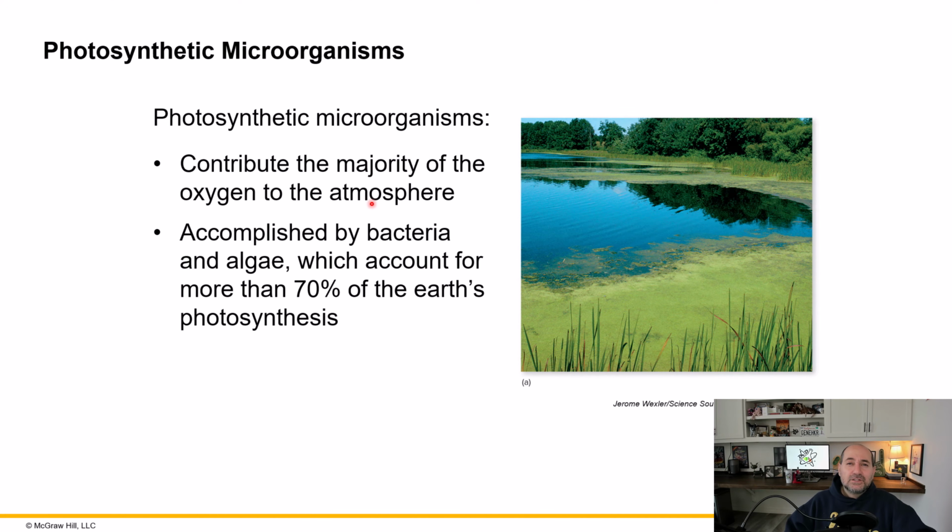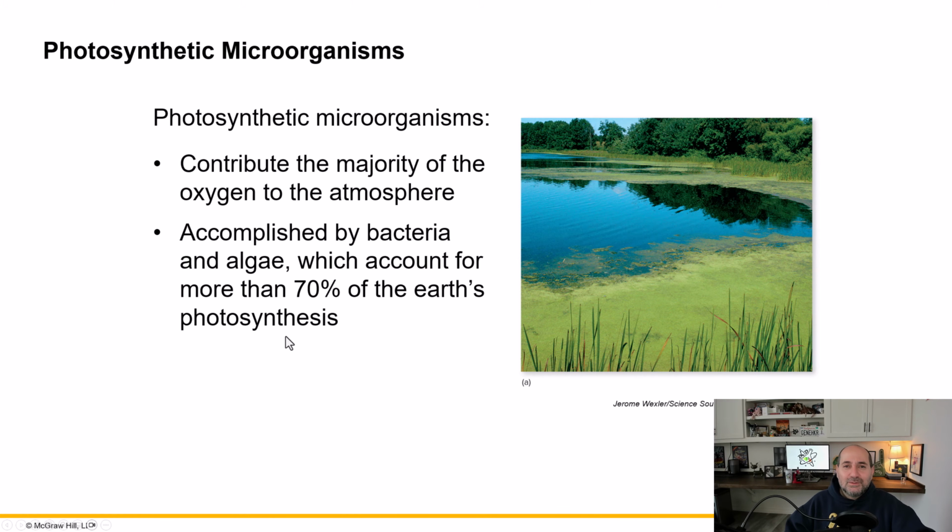In fact, even up to this day, it's the microorganisms. We're talking about photosynthetic bacteria called cyanobacteria and algae, like green algae and diatoms. These are the creatures that make up more than 70% of the Earth's photosynthesis, and they contribute 70% of the oxygen on Earth.